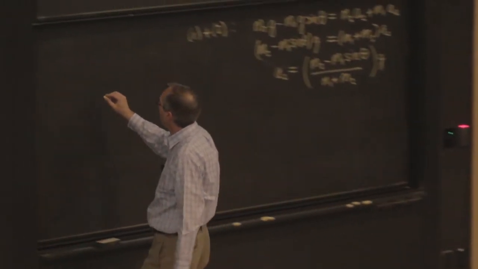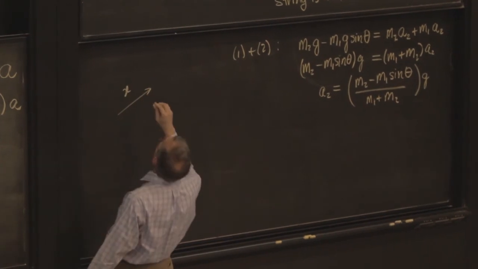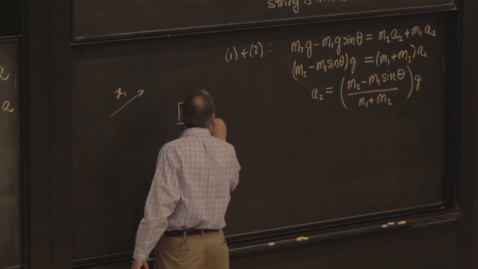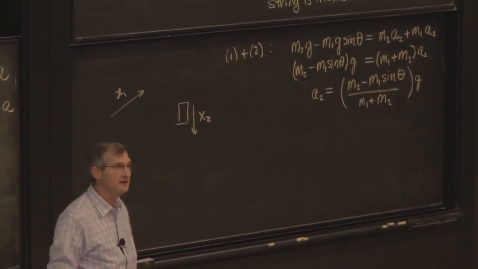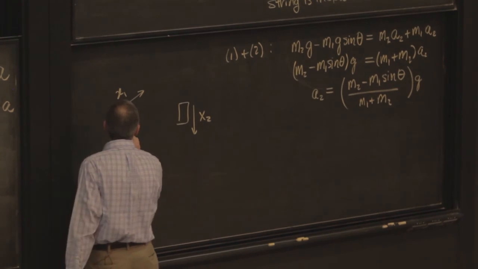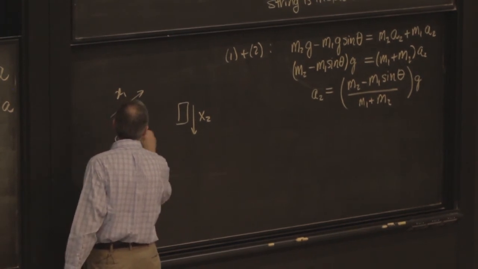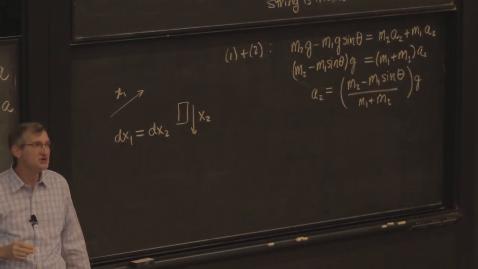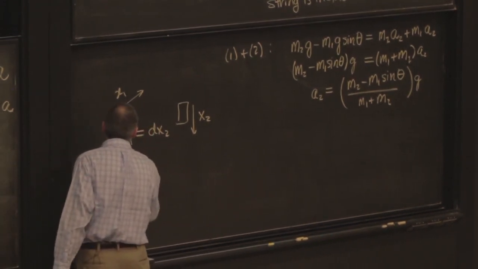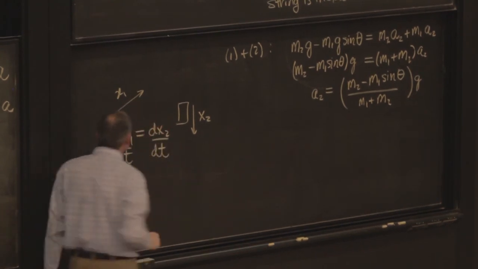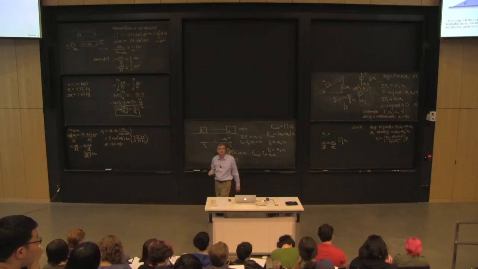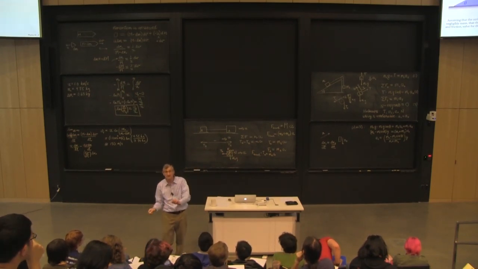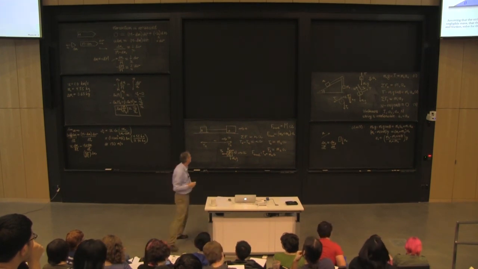So if you like, I have an x1 going up that way, I have an x2 going down this way, and any change dx1 must be equal to the change dx2. If that change happens in a time dt, that says that v1 must be equal to v2. And then I can differentiate again and get a1 is equal to a2, which is what I ended up using. So that was a great question.